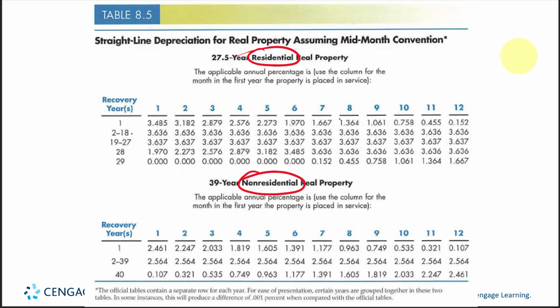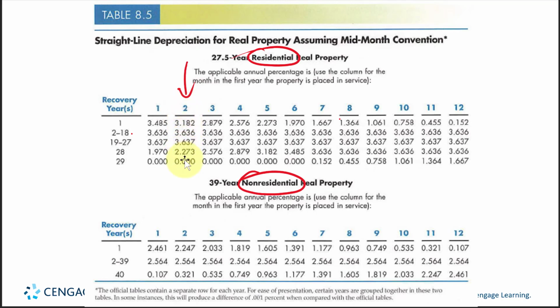Now you can see 12 columns representing each of the months of the year, and you're going to use the column for the rest of that asset's life based upon the month the asset was placed into service. Like right now, for me, it's the month of February. So I would use any residential property placed into service this year in this month and use this column for the rest of that asset's life.